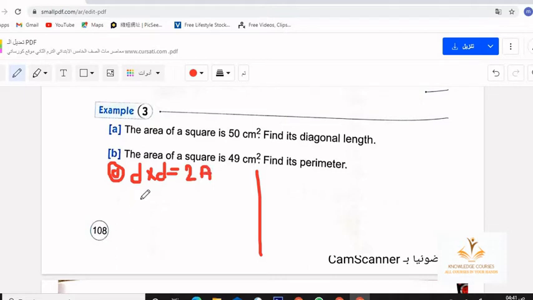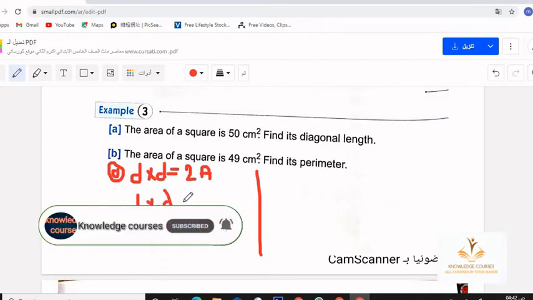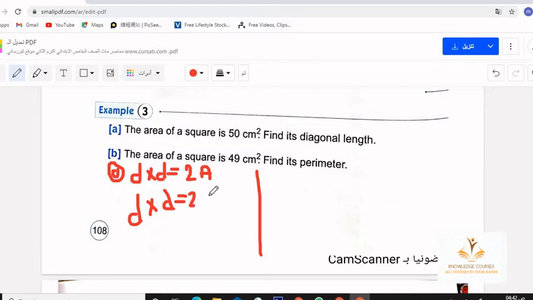So D multiply D equal 2 multiply 50 equal 100. So D equal 10.